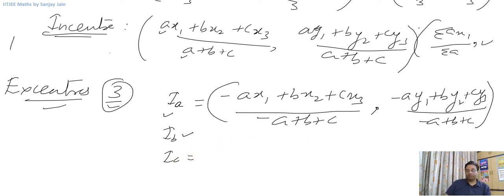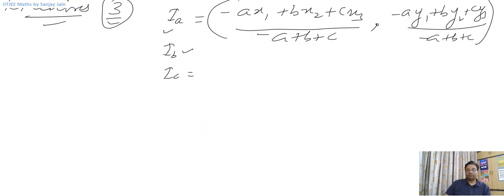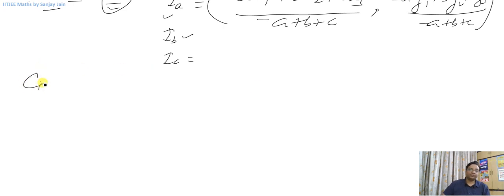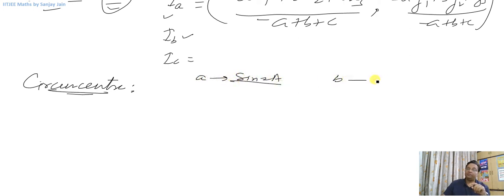Now let me talk about the coordinates of the circumcenter. So we memorized the coordinates of the circumcenter using the coordinates of the incenter. We just replaced a with sin 2A, and similarly b with sin 2B and c with sin 2C. So what were the coordinates of the circumcenter?